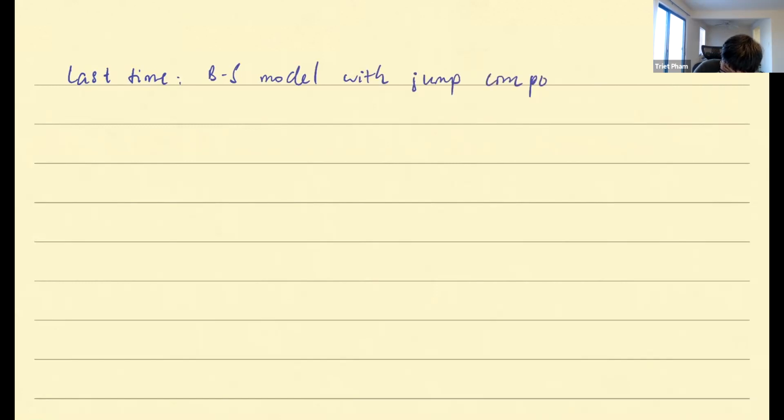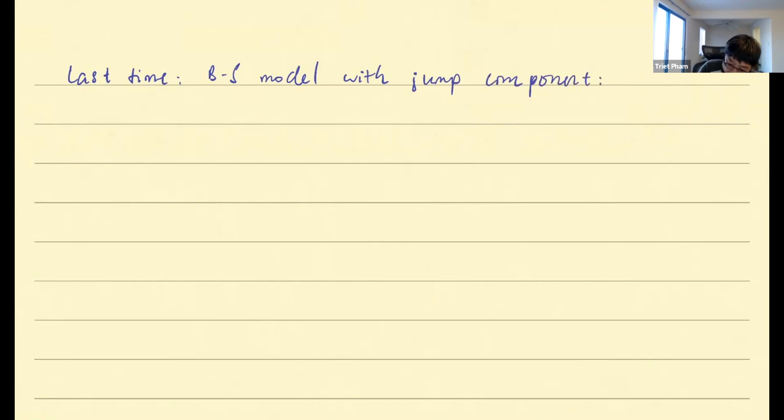So let's begin where we left off from last time. So basically, we start to introduce the Poisson model. Okay. So let me say, so Black-Scholes model with jump component.